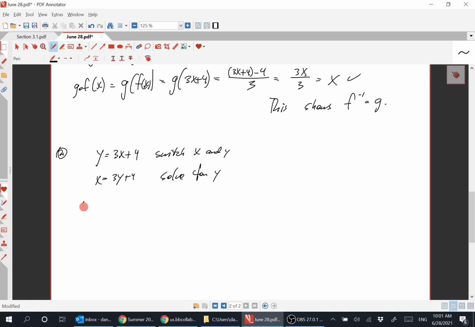So we subtract 4 from each side, divide each side by 3, and right, this is g of x. Well, this is f inverse of x, and it is the same as g.